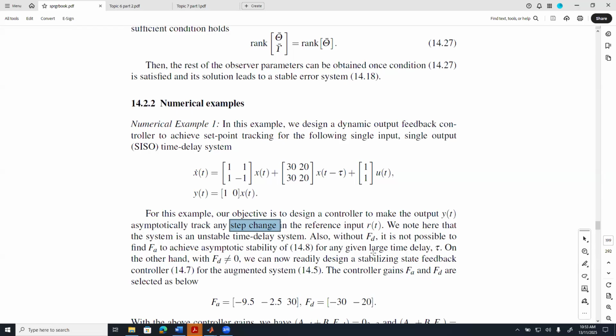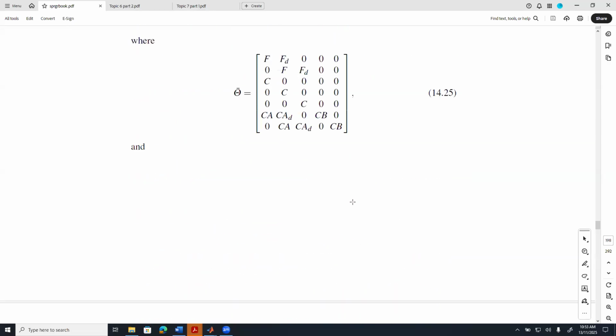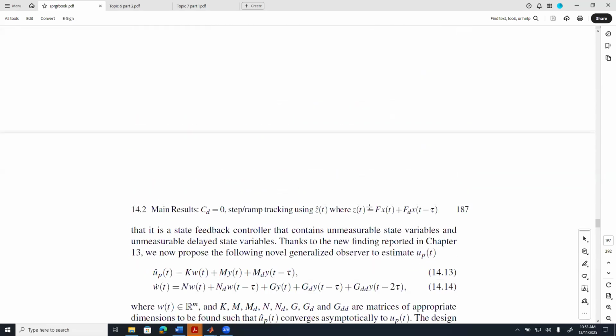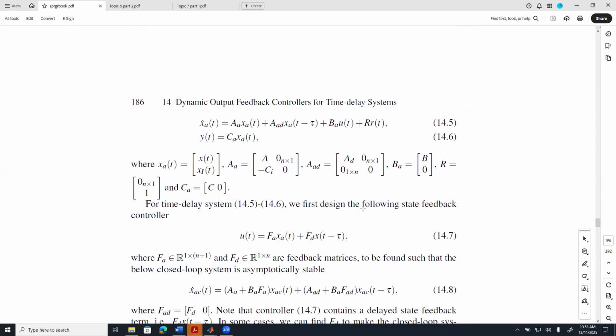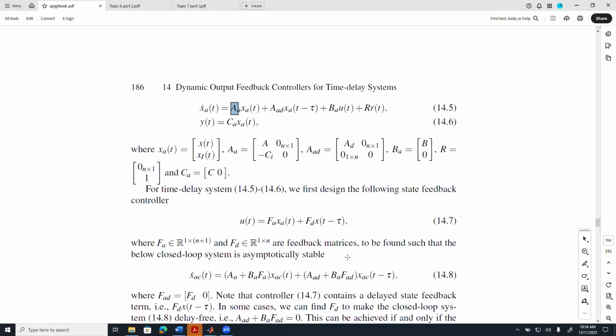Then we first realize an augmented system. That's what we should do first. By introducing an integral variable, we realize this augmented system, so we have an extra variable in our equation. And all of these matrices, we can obtain them.